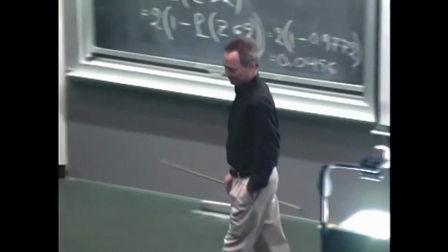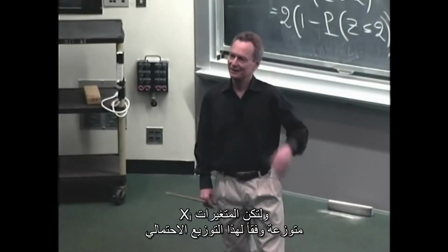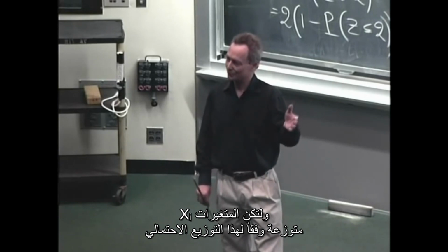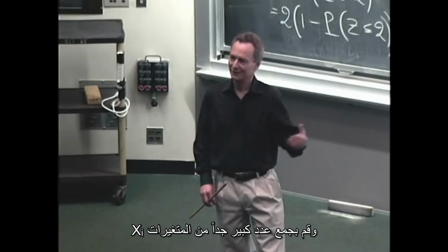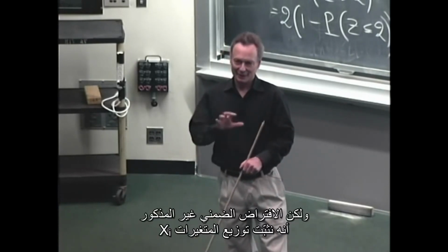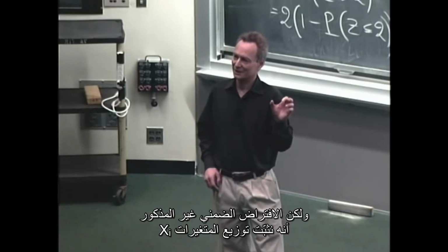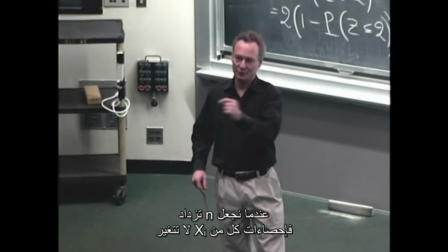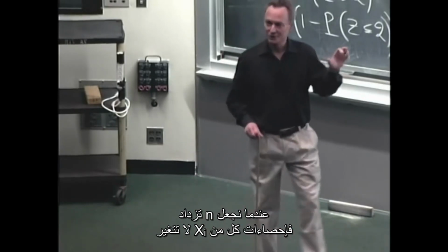So in the central limit theorem, we said, fix a probability distribution and let the xi's be distributed according to that probability distribution and add a larger and larger number of xi's. But the underlying unstated assumption is that we fix the distribution of the xi's. As we let n increase, the statistics of each xi do not change.